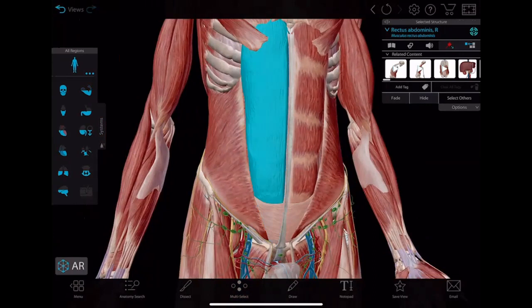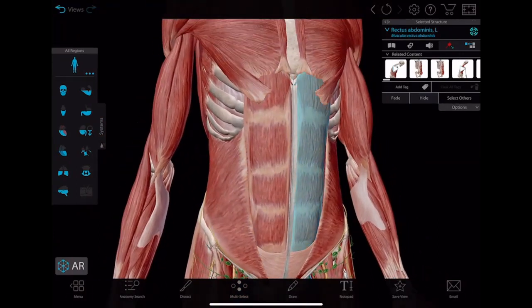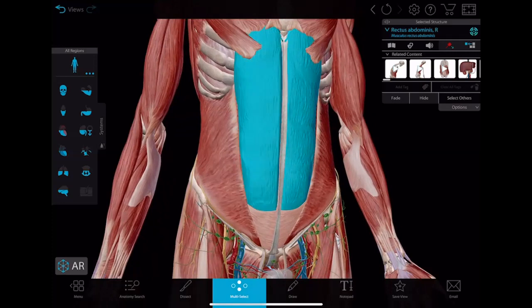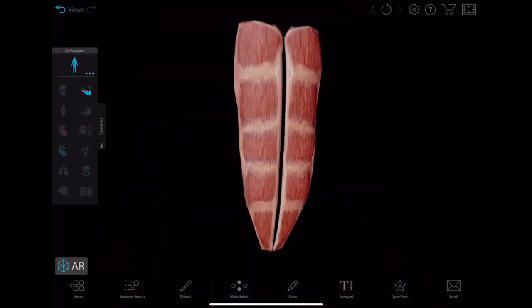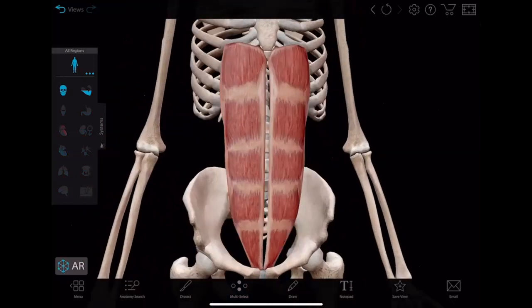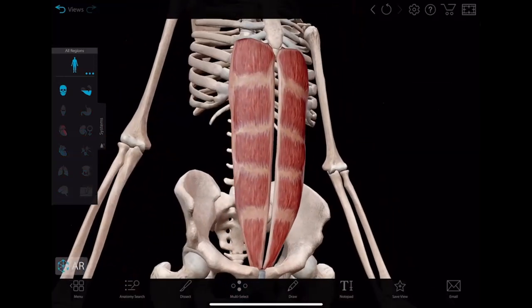So this is the rectus abdominis. Okay, it extends from the xiphoid process above to the pubic symphysis below, right? Okay, this is the rectus abdominis muscle.